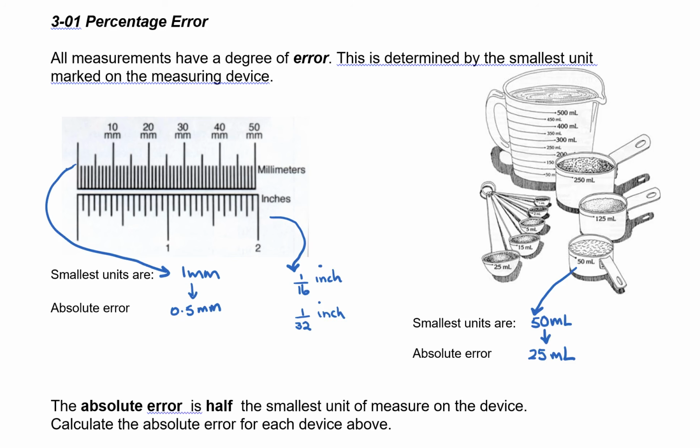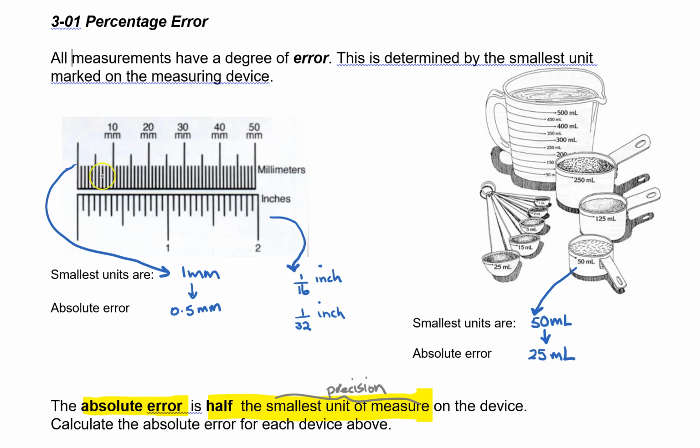So we know from previous work that the absolute error is half the smallest unit of measure, and if you've forgotten, the smallest unit of measure is called the precision, and it probably makes sense because it's how precise the device is, and it's indicating that you should complete this by calculating the absolute error for each device.